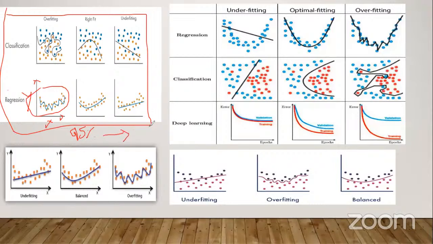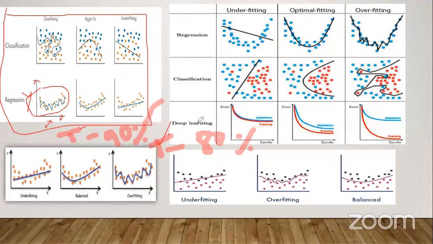When I tried to make a prediction on the test data, it gave me a lower accuracy. Let's say in training it gave me 90%, and when it came to test, it fell down to 80%.